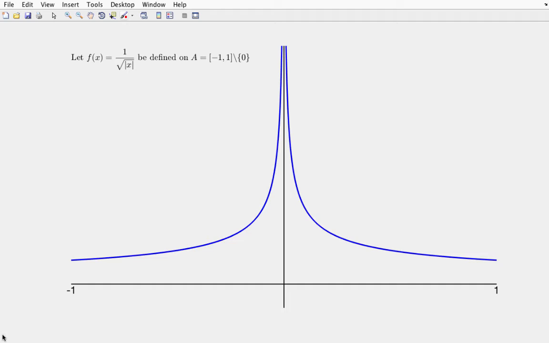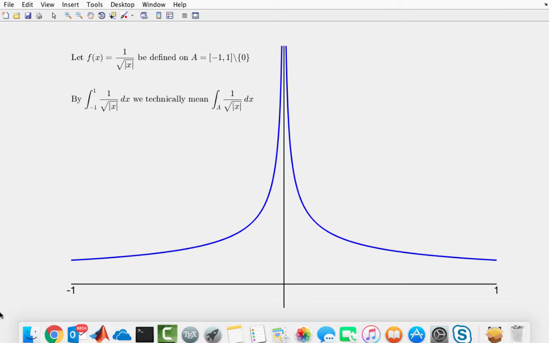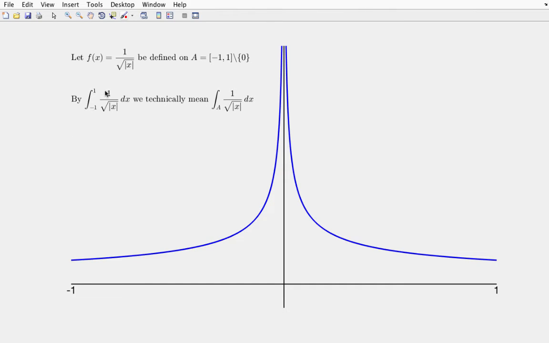Let's take a look at another example. Consider the function 1 over the square root of the absolute value of x. And let's define it on the closed interval -1 to 1, but not at 0. Now, I might write the integral from -1 to 1 of 1 over the square root of x.